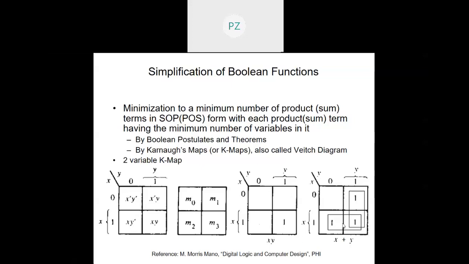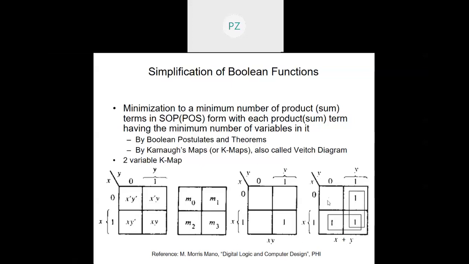Let us take up this function in which I have the min terms. The function has got the sum of the min terms m1, m2 and m3. Now we can combine the adjacent min terms. By adjacent I mean horizontally or vertically. I can combine them. The only thing that I cannot combine is diagonal elements.